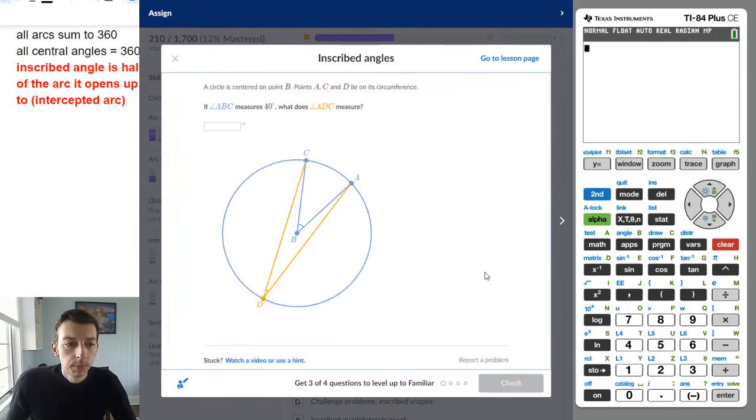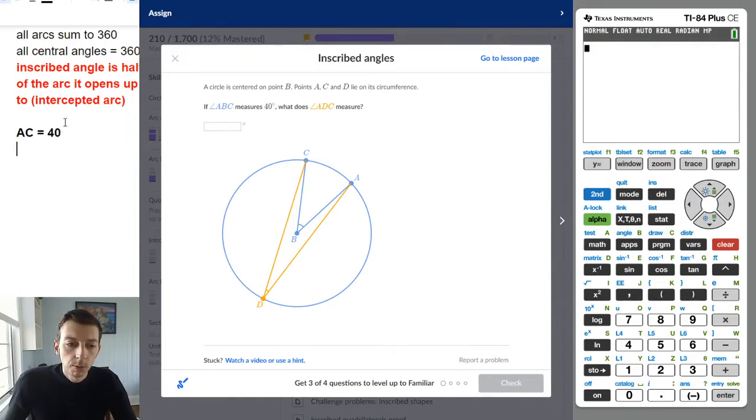So let's do it. Now, don't get scared by these pictures. They're sometimes a little confusing, but it tells you here that ABC is equal to 40 degrees. So that's this arc right here. So we know that ABC, this angle, is equal to 40, which means that arc AC is equal to 40.